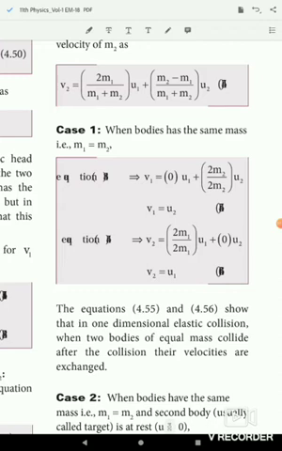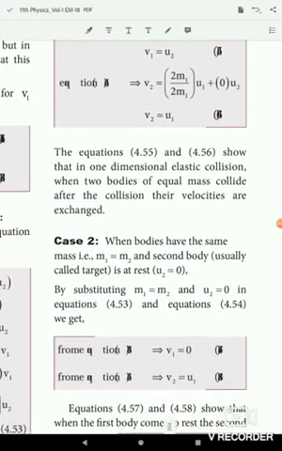And v2 = 0 into u2 + 2m1/2m1 into u1, so 2m1 cancels, and v2 equal to u1. Two bodies of equal mass collide, and after the collision their velocities are exchanged.